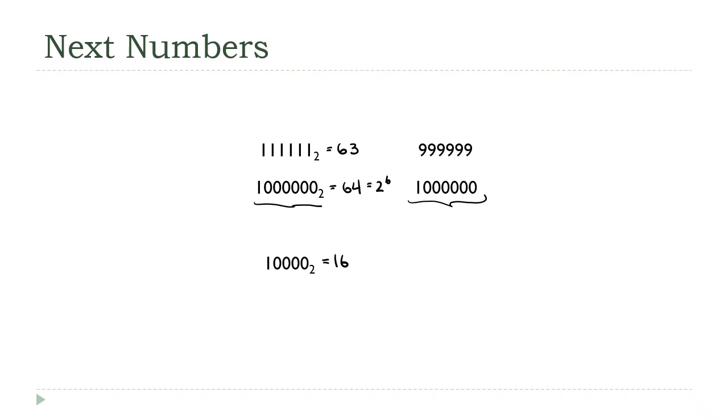If I wanted to subtract 1 from this 7-digit, 1 followed by 6 zeros decimal number, it would turn into a 6-digit number that's all 9s. Well, the same thing is going to happen here. This 5-digit 1 followed by zeros is going to turn into a 4-digit number that's all 1s.